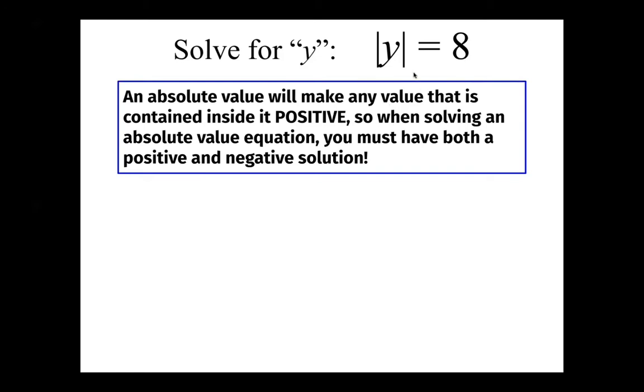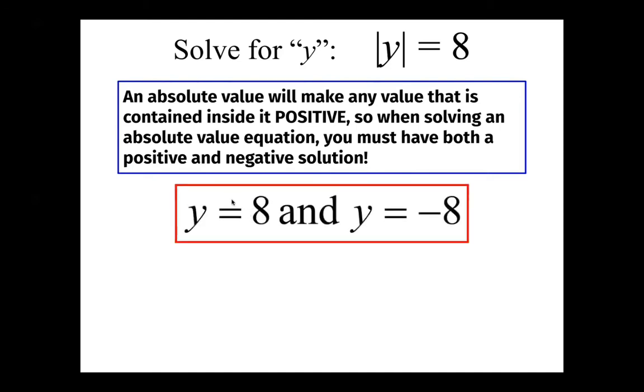So whenever you're trying to solve an equation that involves absolute value, include both the positive and negative value, because it does not affect the answer as long as the solution is positive. So in this case, your answer will be y equals 8 and y equals negative 8.